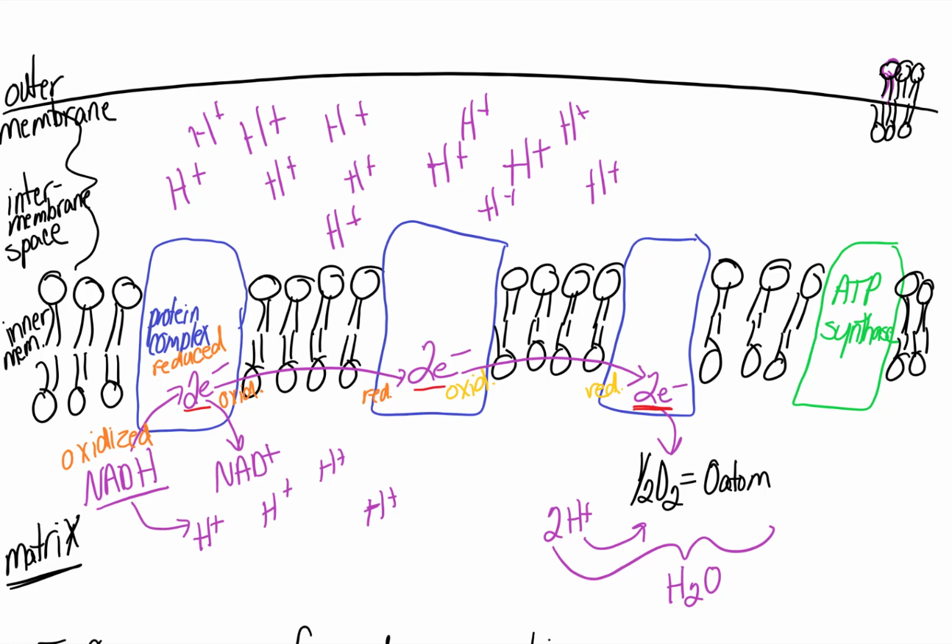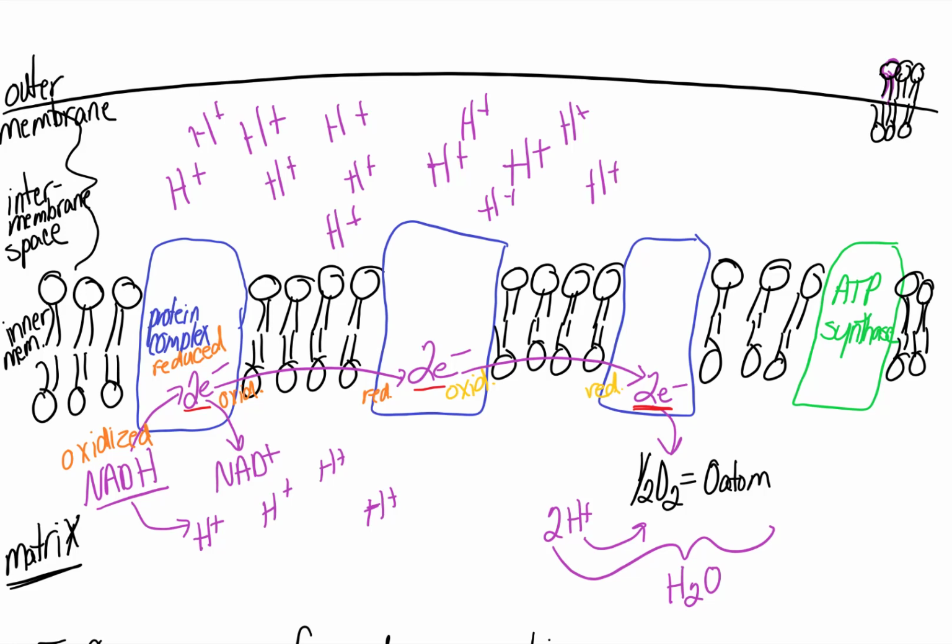So again, this is a piece of information that we're layering onto what we've already talked about from the electron transport chain. We talked about how each time these electrons move through a redox reaction, energy is being released. Well, that energy is going to be used to generate and maintain this hydrogen ion gradient that I have represented here.